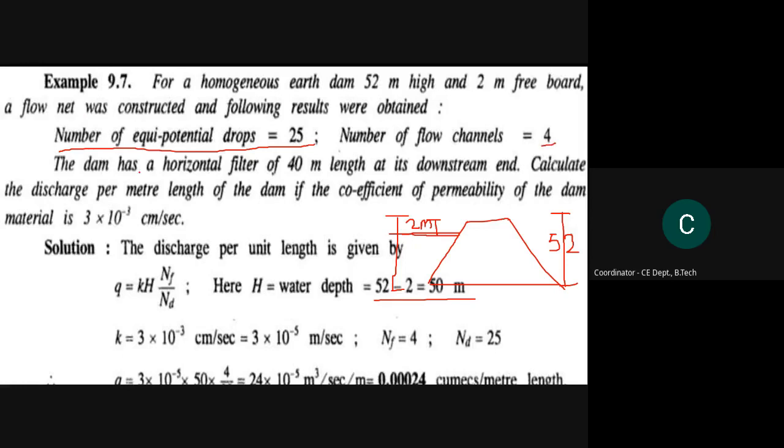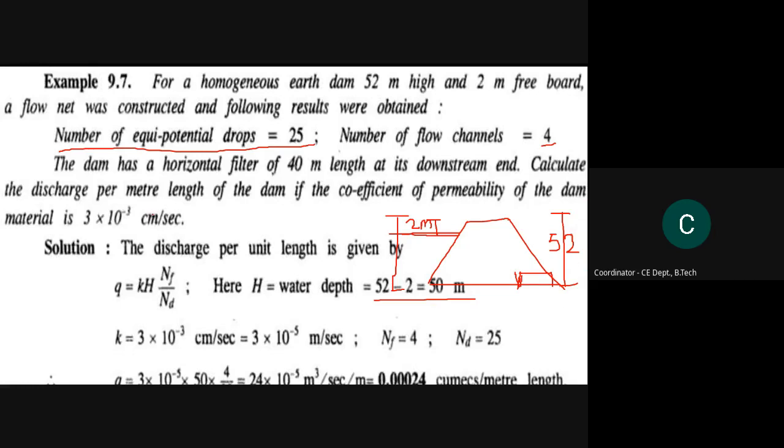The dam has a horizontal filter of 40 meter at its downstream.